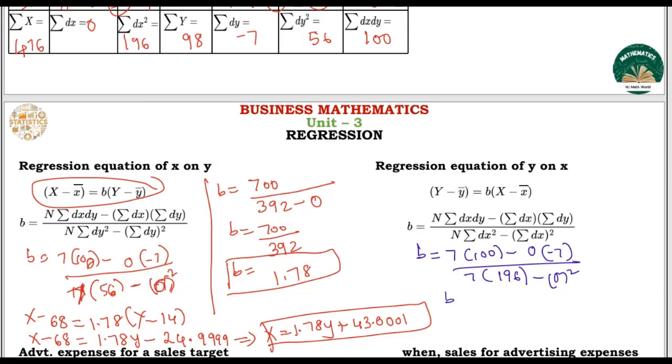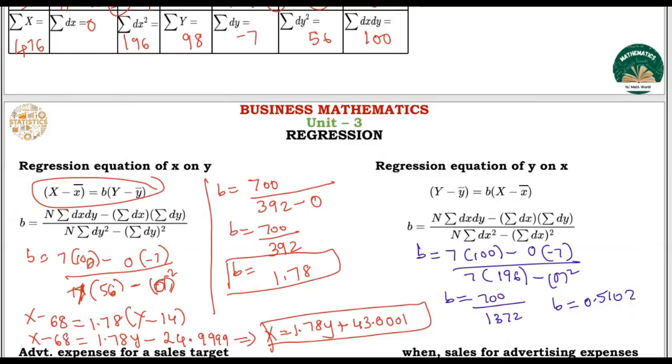So b will be 700 divided by 196 into 7, which is 1372. If you divide 700 by 1372, b will be 0.5102.